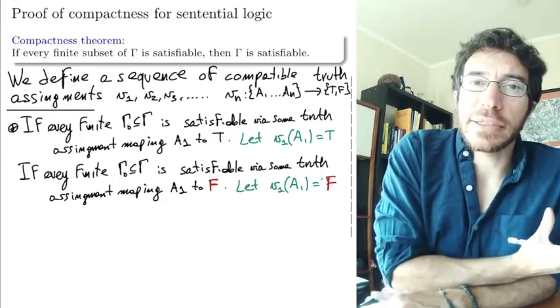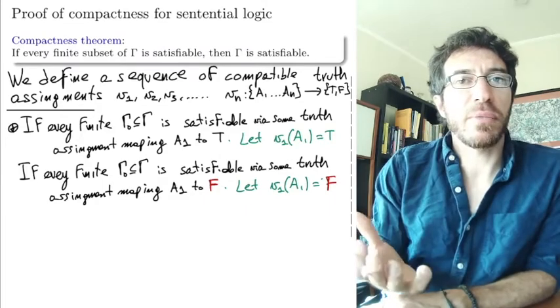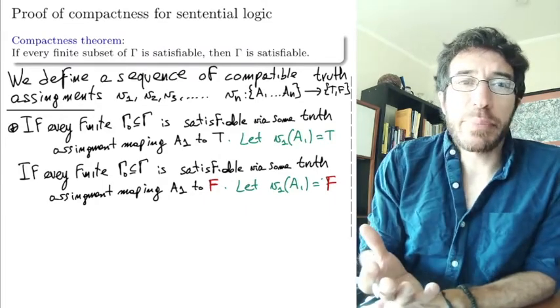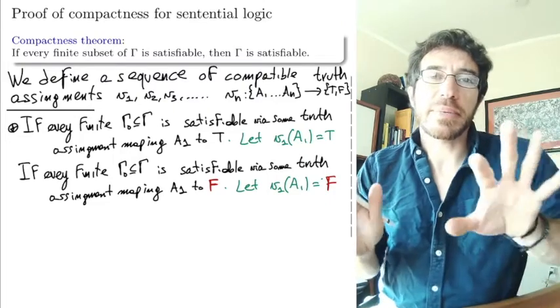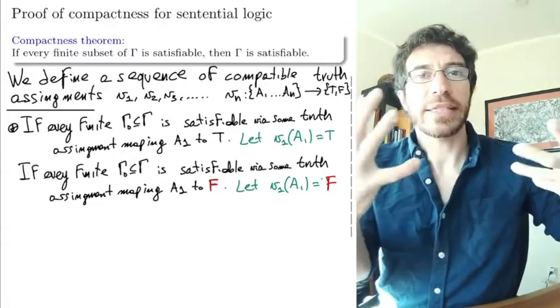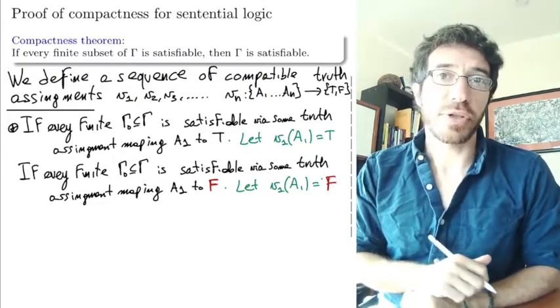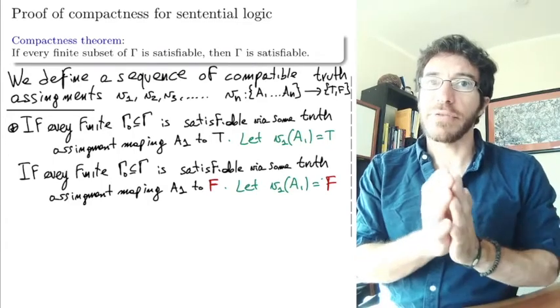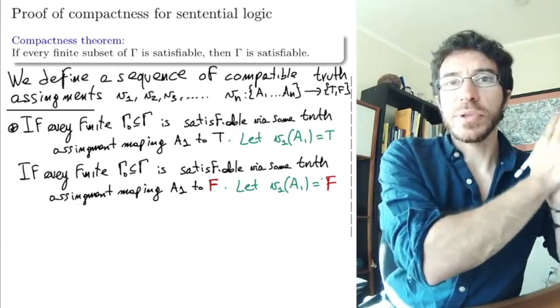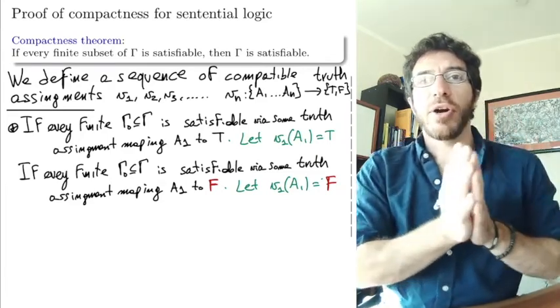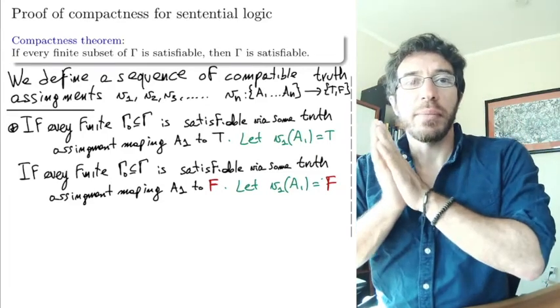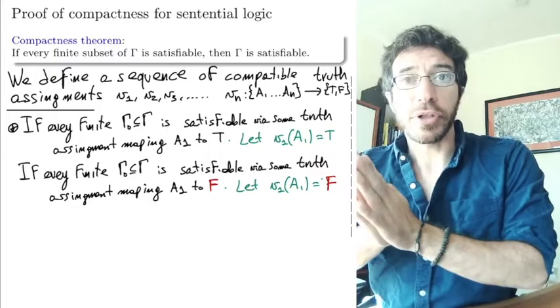Some of them might let A1 be true, some of them might let A1 be false. And in principle, it may be that some finite subsets require A1 to be true and some finite subsets require it to be false. So we're saying if that's not the case, if you can always be compatible with A1 being true, let V1 of A1 be true. If you are always compatible with A1 being false, let V1 of A1 be false.